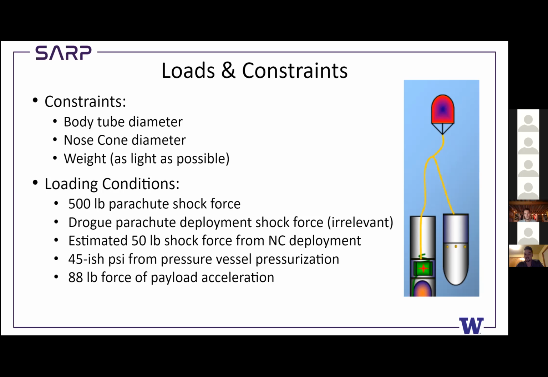We think it's actually going to be much less than this. But basically, as you can see with this picture on the right, this is how we're going to be deploying, other than on the right, we're going to have the payload coupler be tethered to the nose cone, and you'll see how that affects our holes in a couple later slides. All right, next slide, please.